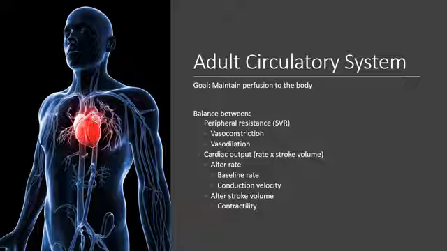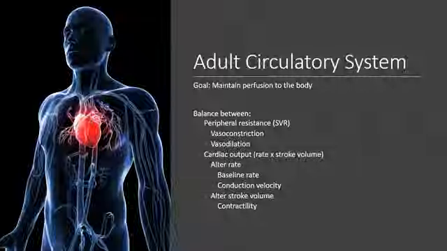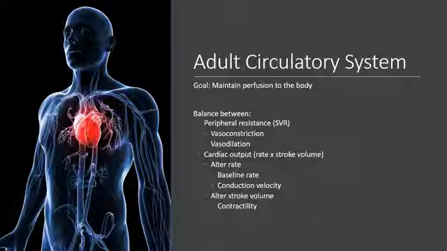So remember, the SA node can be impacted by the sympathetic or parasympathetic nervous system, and it can alter the inherent rate of depolarization, and we can also increase or decrease the rate of conduction along the electrical conduction system of the heart. We can also alter the stroke volume, and we do that by altering the contractility, essentially altering the strength at which the cardiac muscle can contract and squeeze.